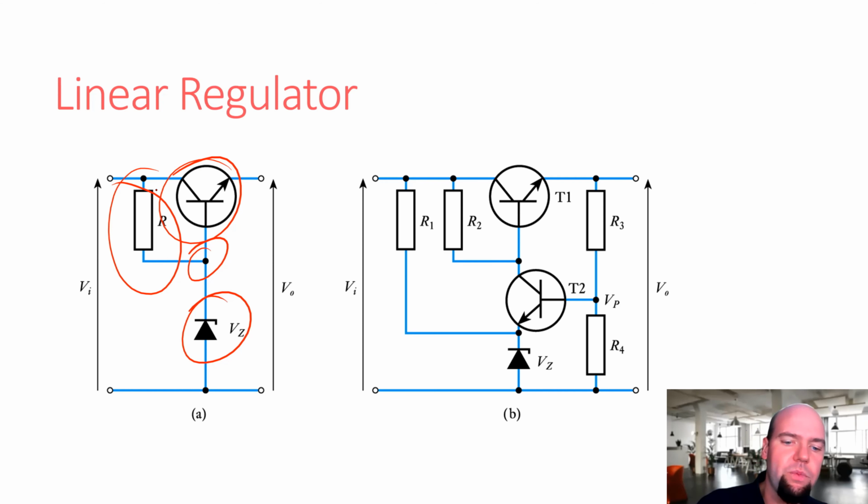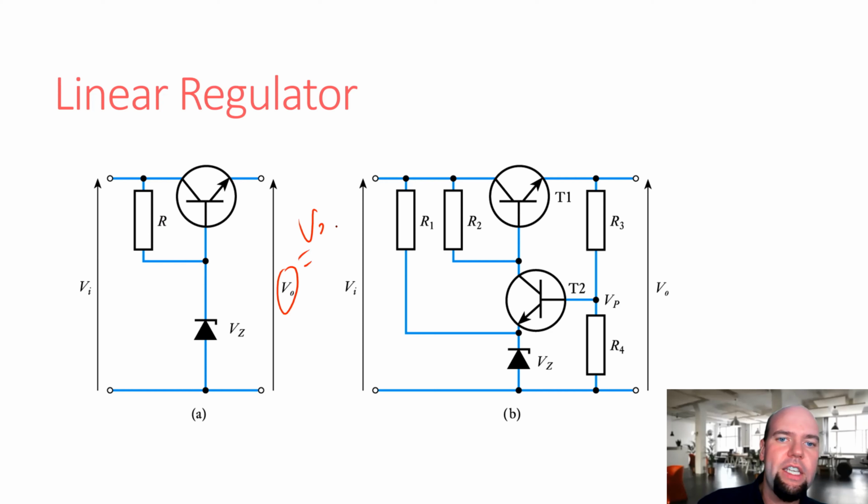And if you think about this, the way this works is this voltage V out is going to be VZ minus 0.7. Sorry, VZ minus 0.7.